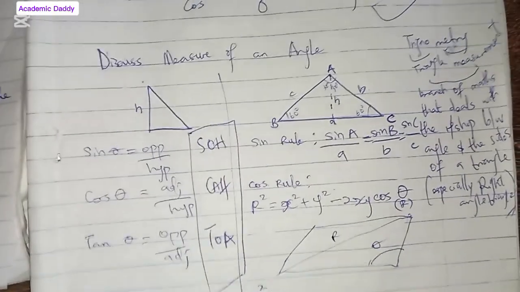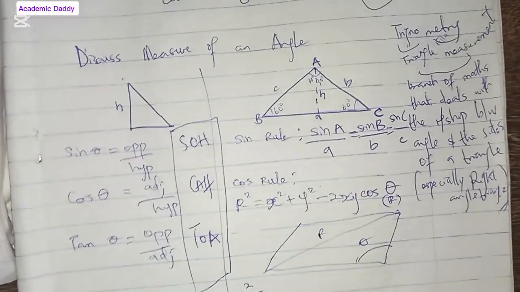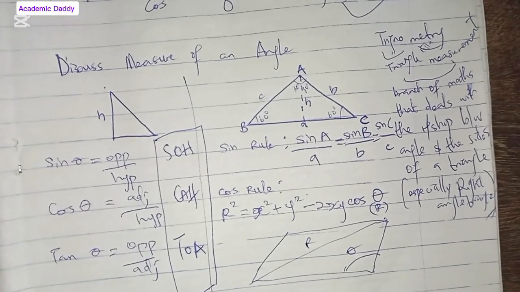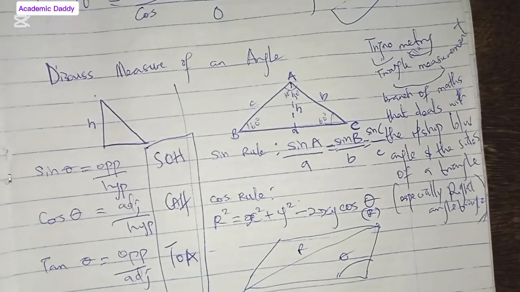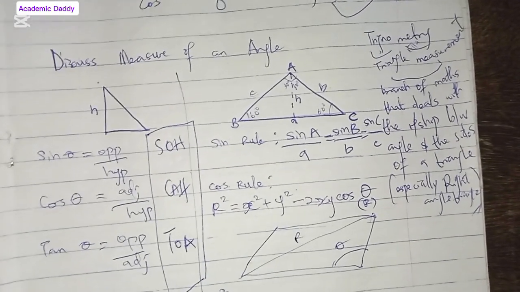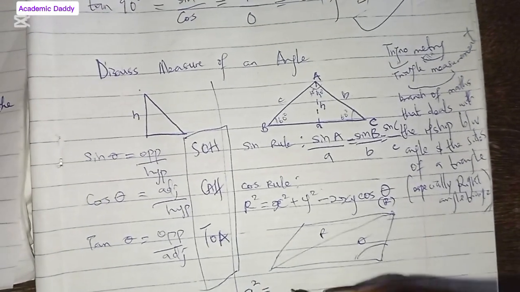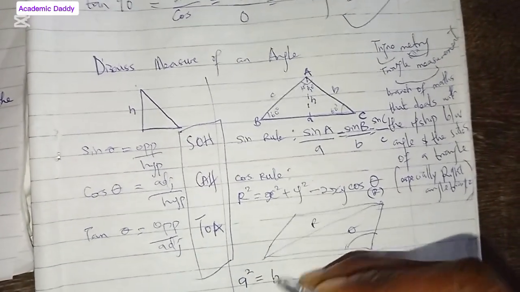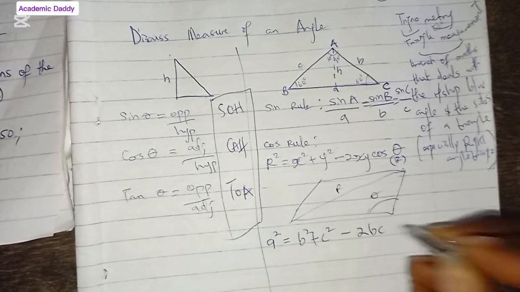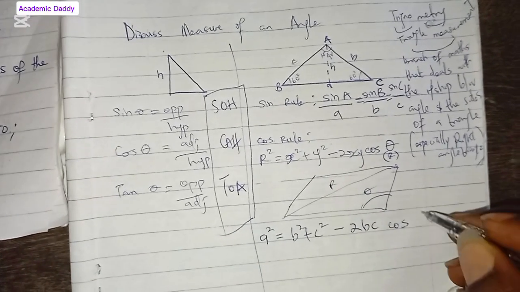So we normally make use of this cosine rule when what we have in mind is to find sides, when there is an angle and we are finding any of the sides. So we now say a square equals b square plus c square minus 2bc cos a.